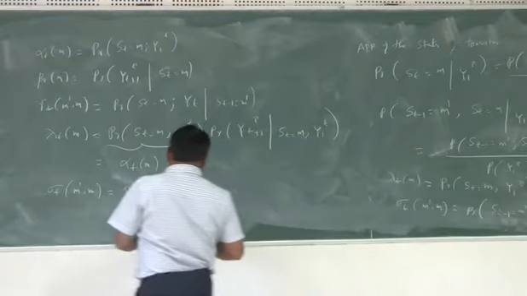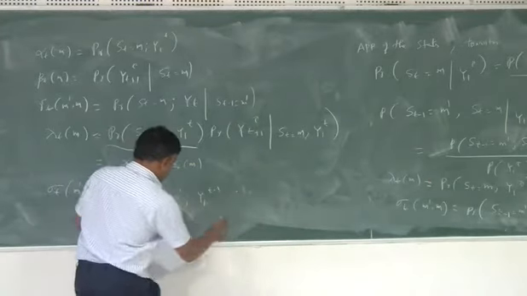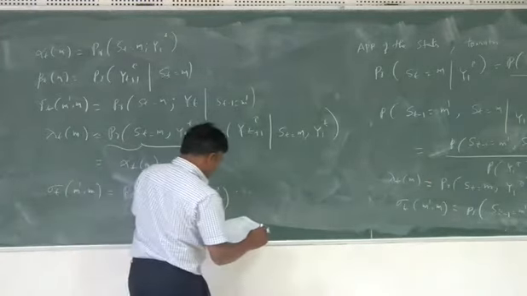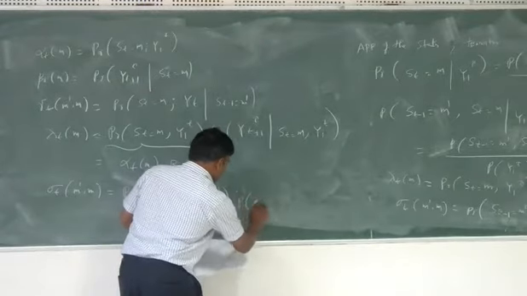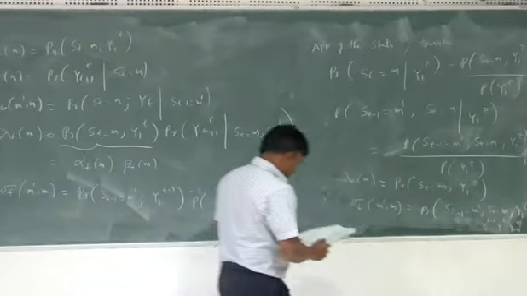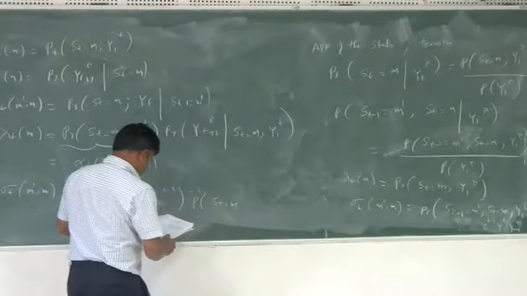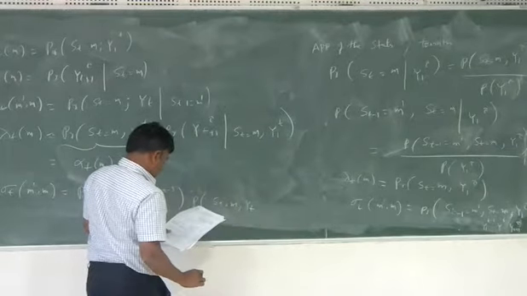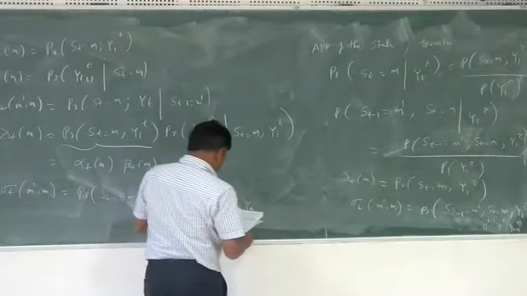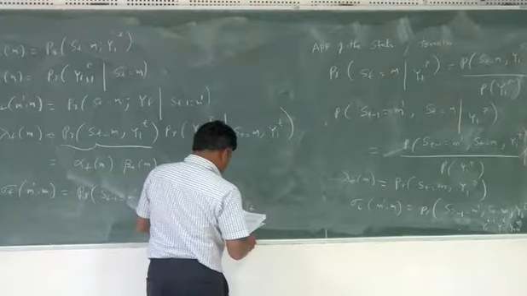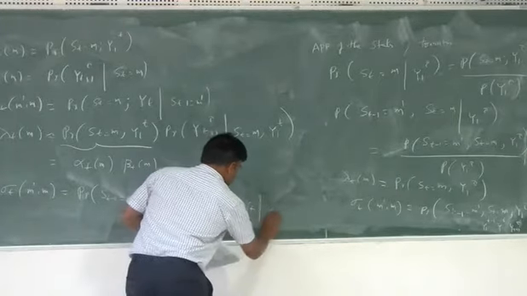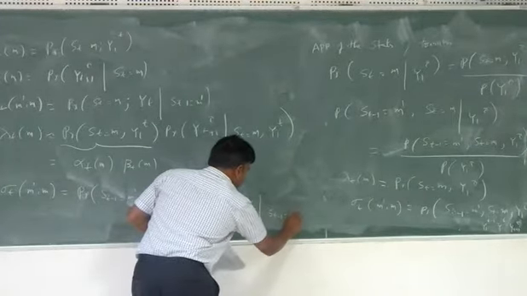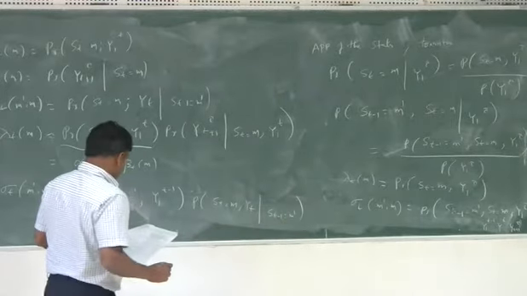Then we'll apply Bayes rule such that we'll end up with the next part, probability of st equal to m, we'll keep this right here, comma yt, given st minus 1 is equal to m prime, that is the second part.